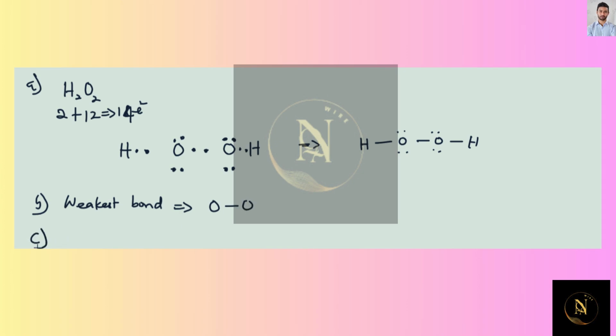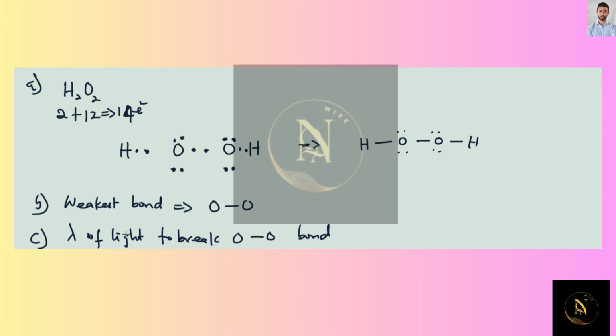C said we should calculate the longest wavelength of light that has sufficient energy to break the weakest bond in hydrogen peroxide. So the wavelength of light to break the O-O bond.